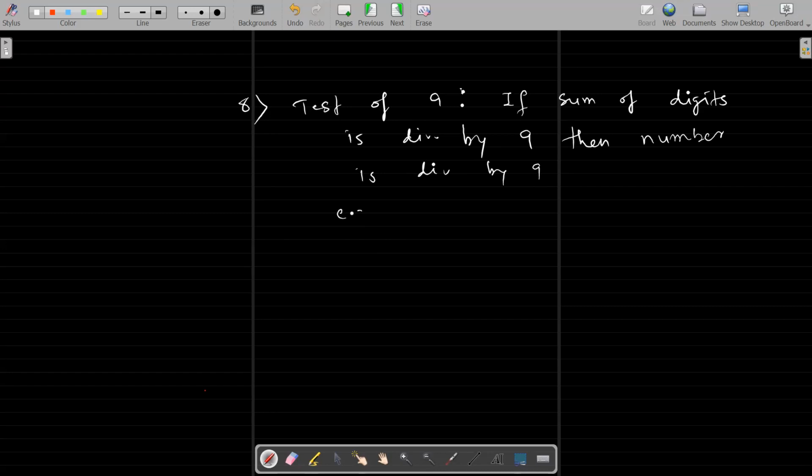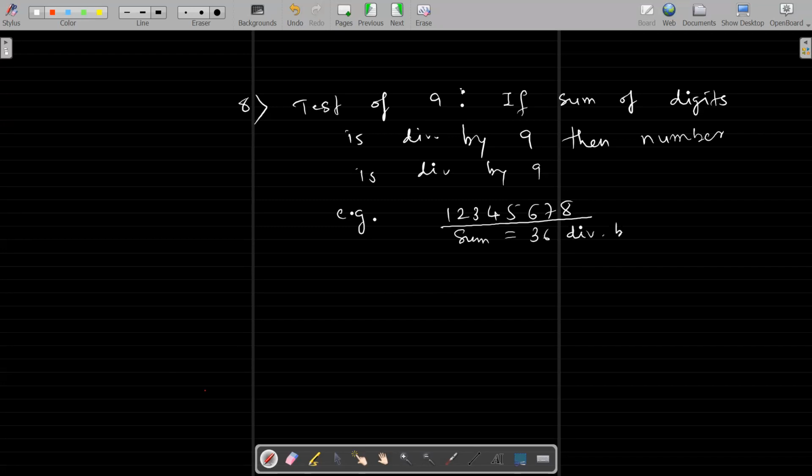Say for example, let's stick to the same number 1, 2, 3, 4, 5, 6, 7, 8. What is the sum? The sum is 36, because we have done this earlier, and 36 is divisible by 9.